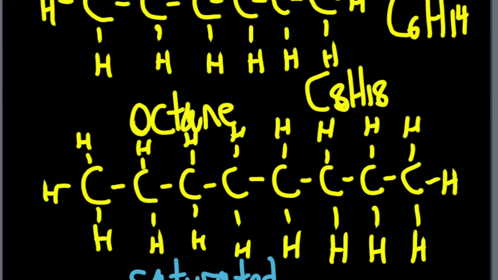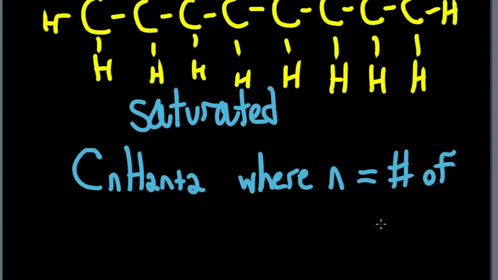So a general formula that we can talk about with these, at least when we're talking about straight chain alkanes, is CnH2n+2, where n equals your number of carbons.